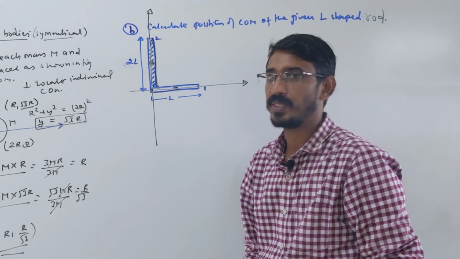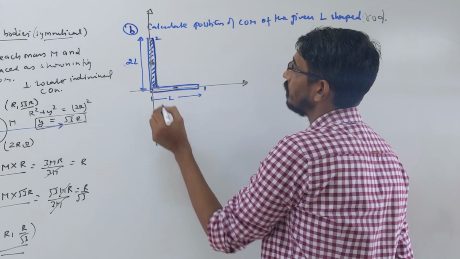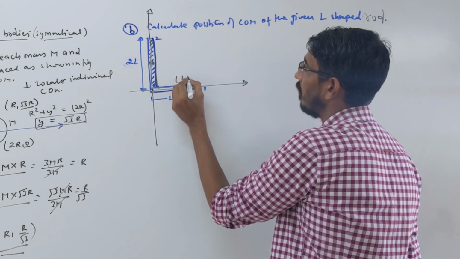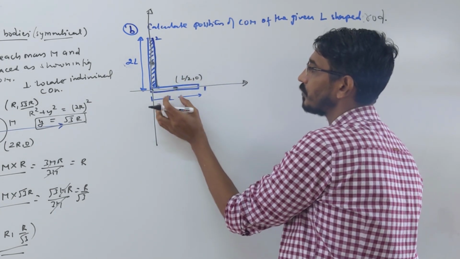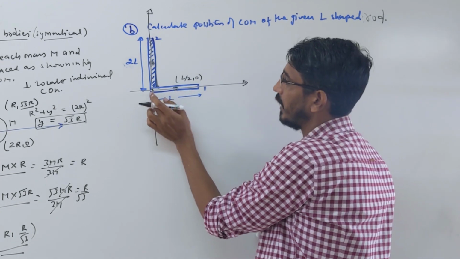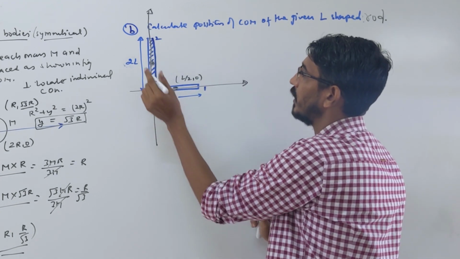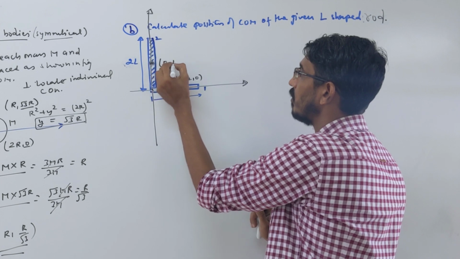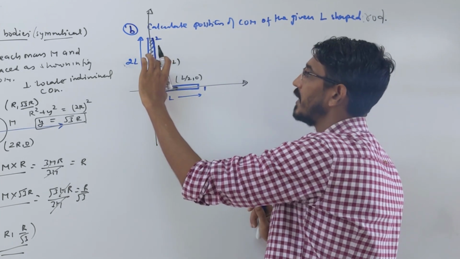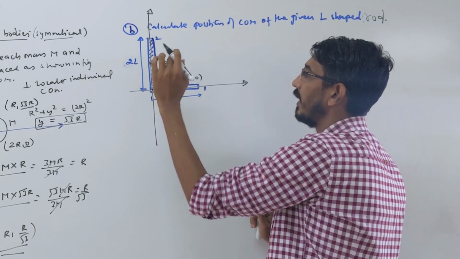That's also a simple calculation, okay. This is your origin, then the coordinate of this will be L by 2 comma 0. Position of this point with respect to that origin will be L by 2 comma 0, and that will be 0 comma L. X is 0 and y means half of that, that's L.